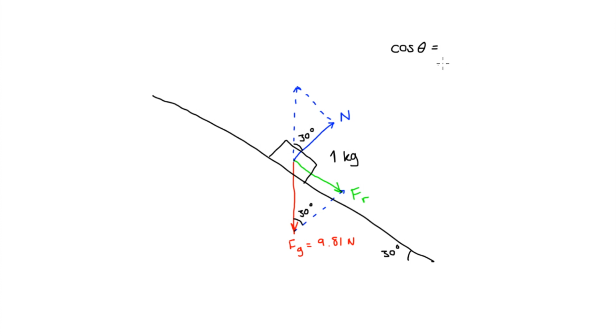And the adjacent side in this case is n. Sorry, let's change the color and make that more clear. The adjacent side is n, and the hypotenuse side would be FG. So let's write that down.